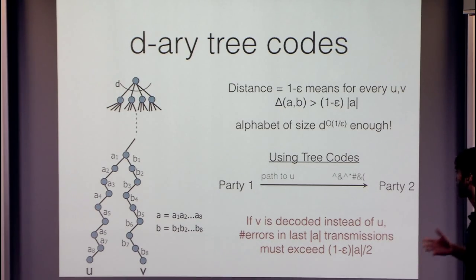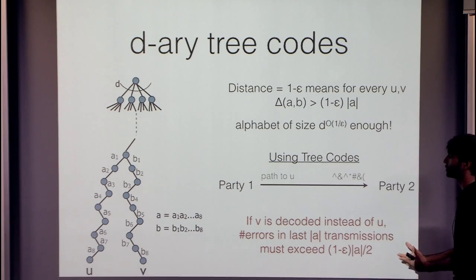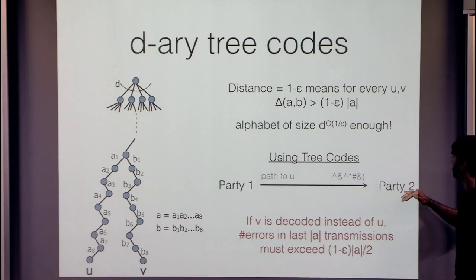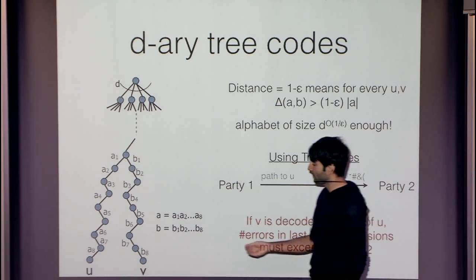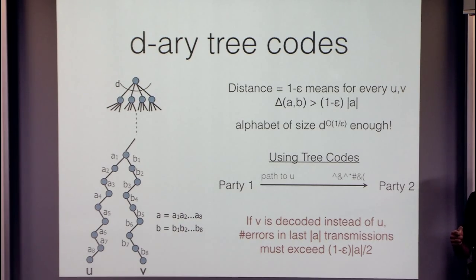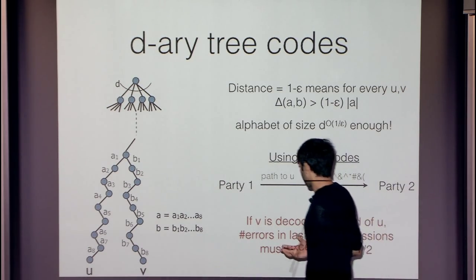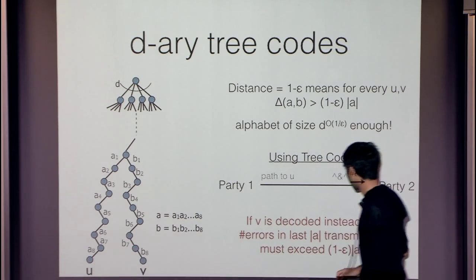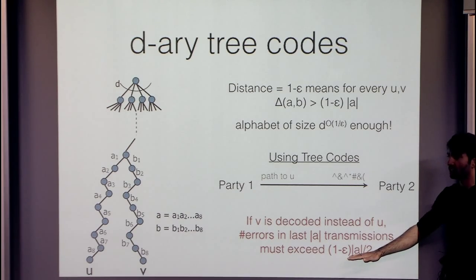Yes. So the way I'm going to do decoding is, the first party sends this path, and the second party will find the vertex v that's closest to this path in Hamming distance, whose labels are the closest in Hamming distance, and that's going to be the decoding algorithm. So the point is that if the fraction of errors here, where the first party sent u, was smaller than this number, then u would definitely be closer than v.